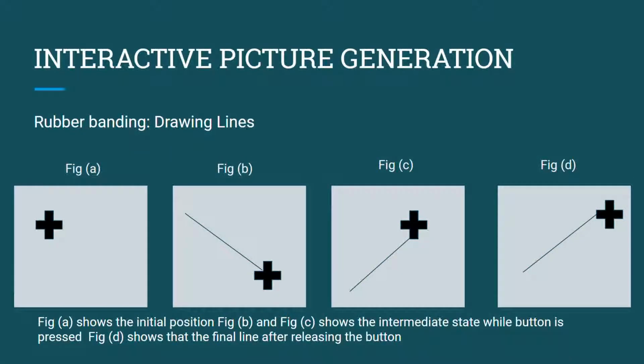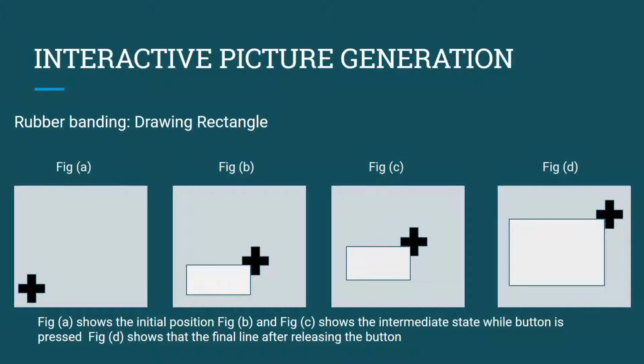So this is the example of drawing lines using the rubber banding technique. The first image shows the initial position, and then the second and third show the intermediate state when the button is pressed, and the last one shows the final line after releasing the button. Same for drawing a rectangle.